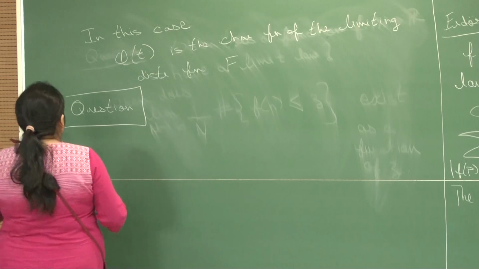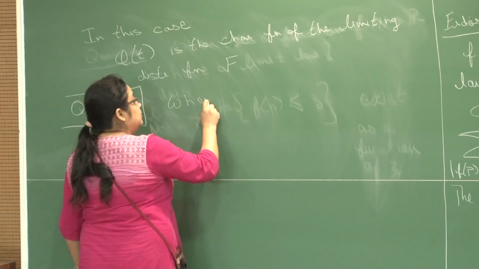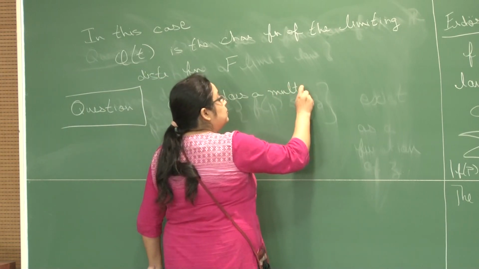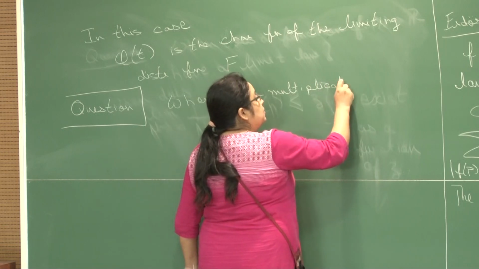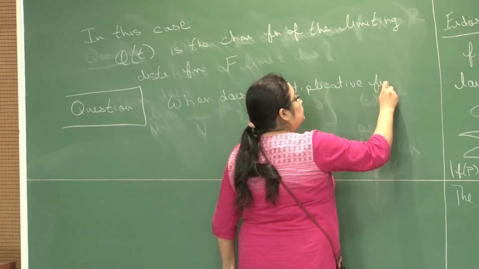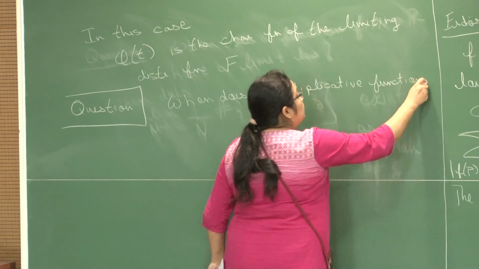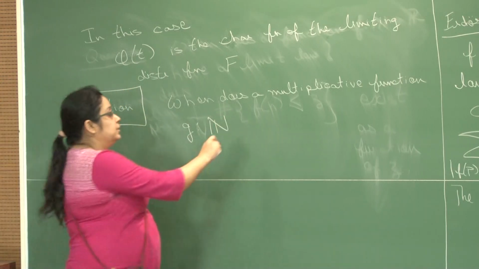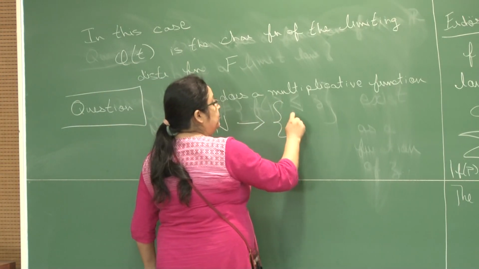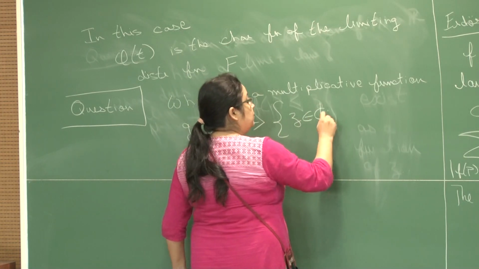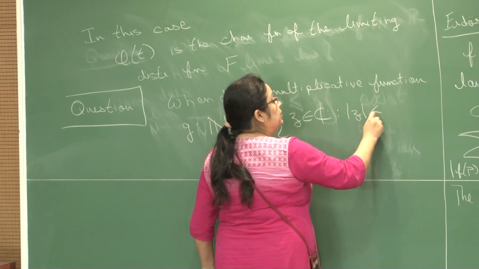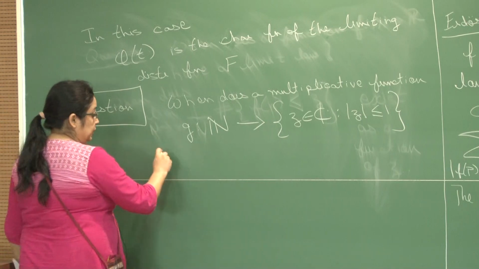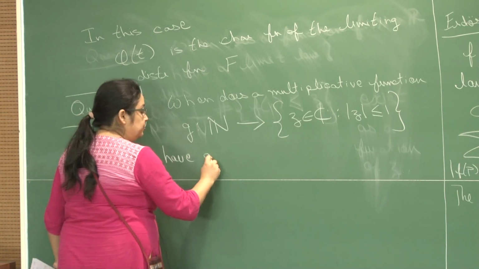So, the question is, when does a multiplicative function, let us call it g, from the natural numbers to the set of complex numbers with absolute value less than or equal to 1, have a mean value?